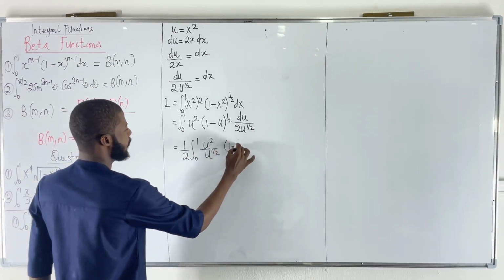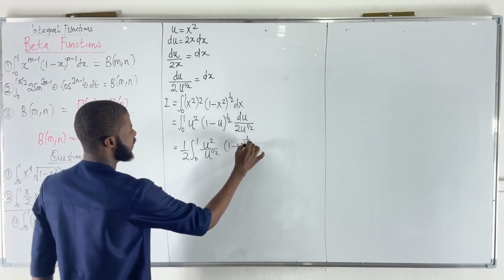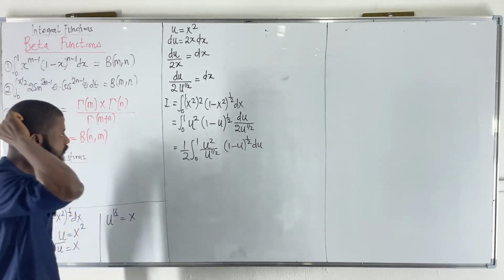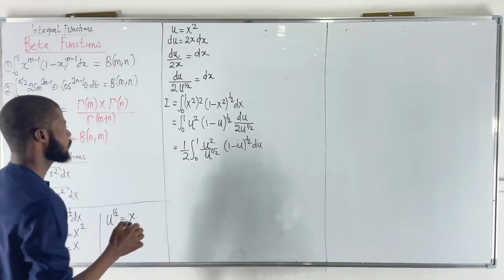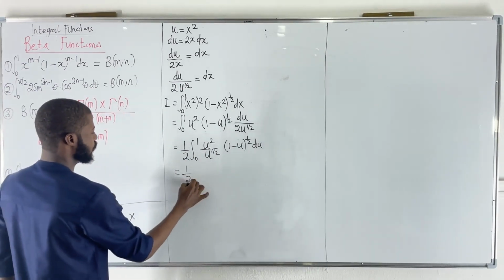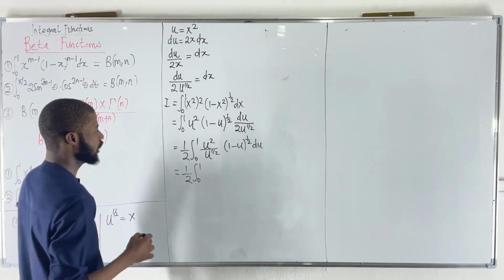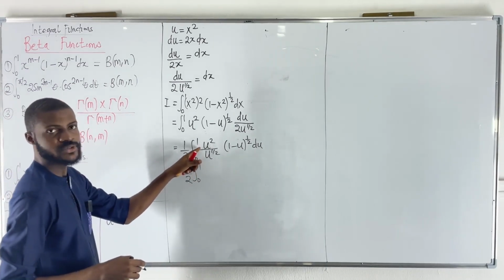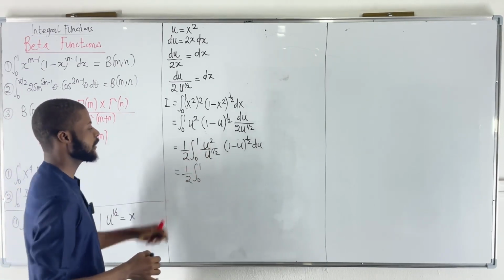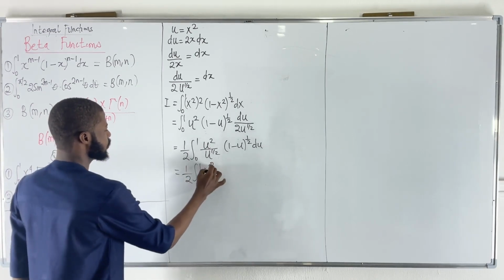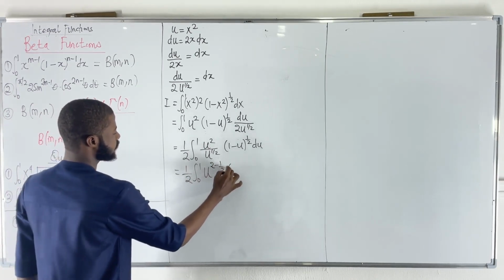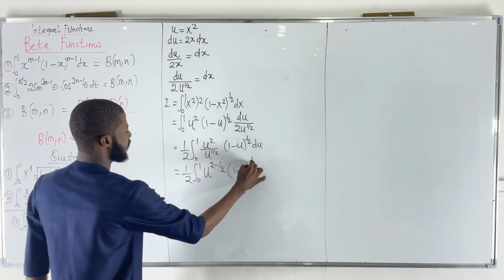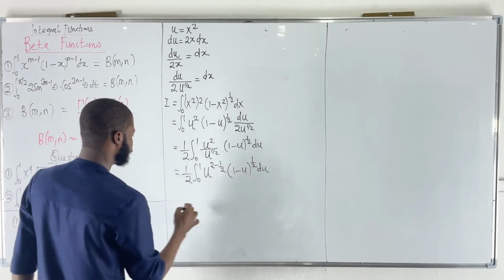Then I have 1 minus u to the power of half, and then du. Yeah, let it just be like that. Now this will be 1 over 2 times the integral from 0 to 1. Since I'm dividing two items with the same base, I can subtract the powers. So this is u to the power of 2 minus half, then 1 minus u to the power of half du.